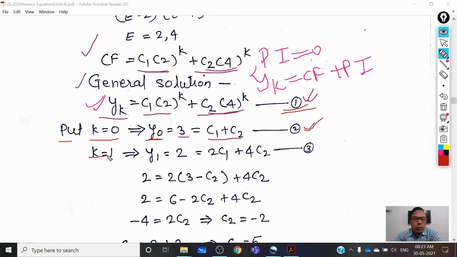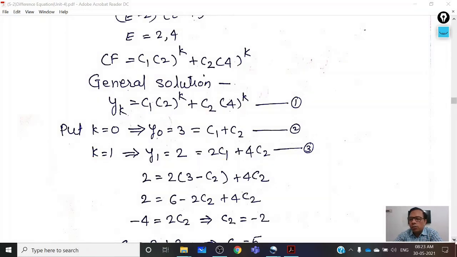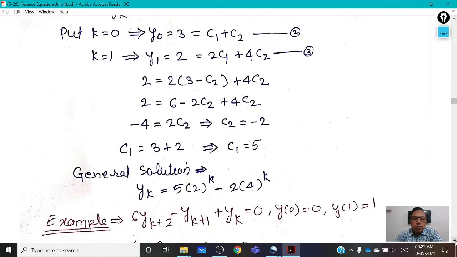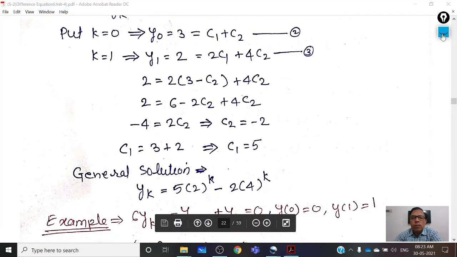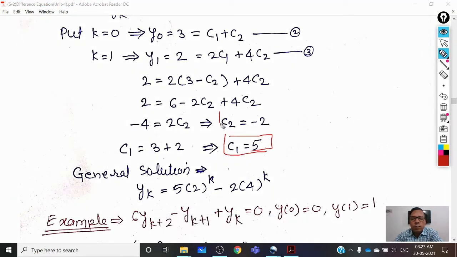Put k = 1: y1 = 2C1 + 4C2, equation number 3. On solving equations 2 and 3, we get the constants C1 = 5 and C2 = −2.